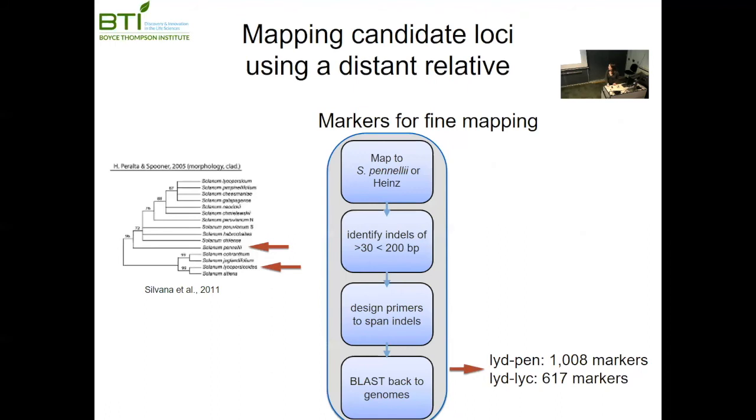And for Lycopersicoides and Lycopersicum, we got about 600 markers. The reason there are fewer for Lycopersicoides and Lycopersicum is that, again, they're more divergent, so fewer things aligned. Also, when we blasted the primers back, since we were predicting them on one genome, often those primers wouldn't match 100% in the other genome. So there are some tweaks we can make to the pipeline to pull out a lot more markers if we needed to.